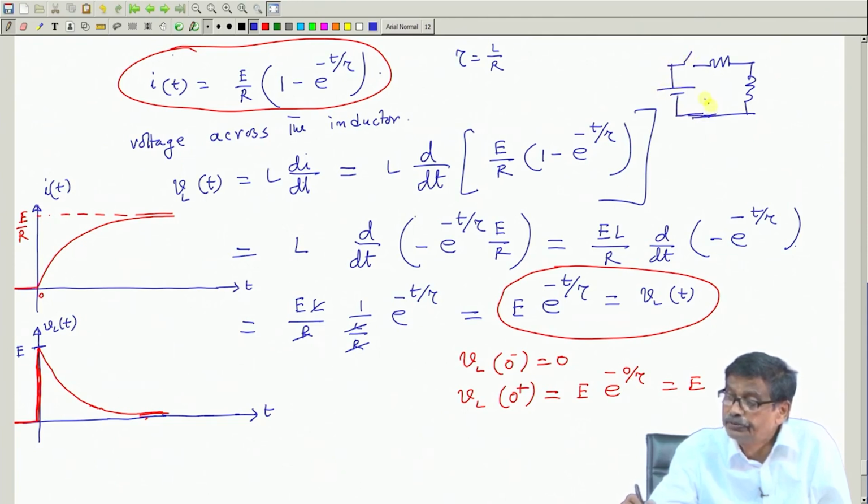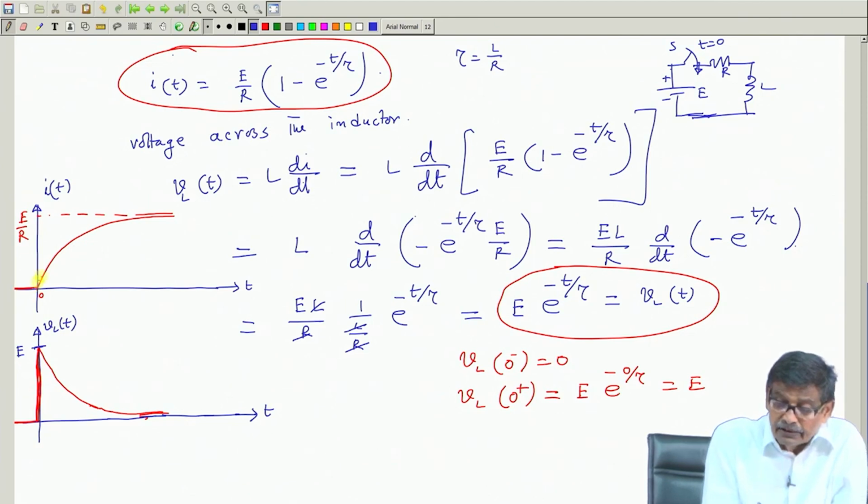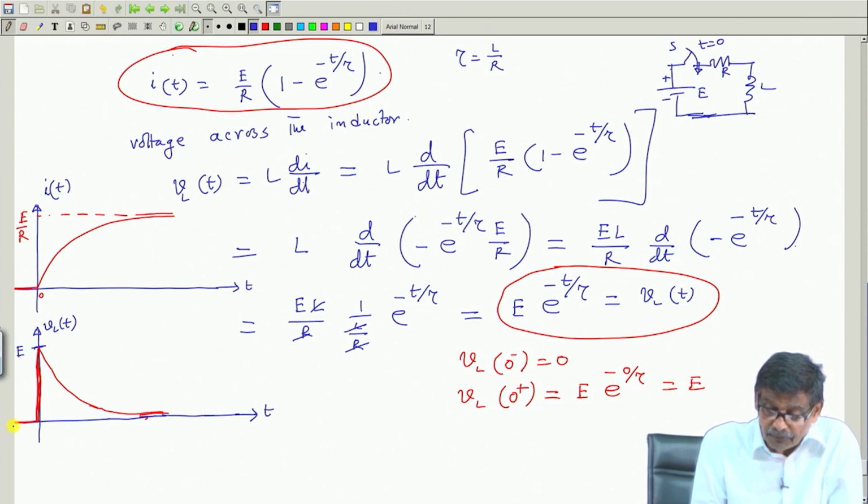If you close the switch at t equal to 0, the inductor current cannot change instantaneously, but look at the voltage waveform.